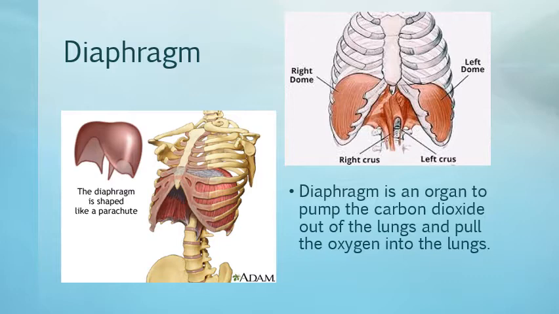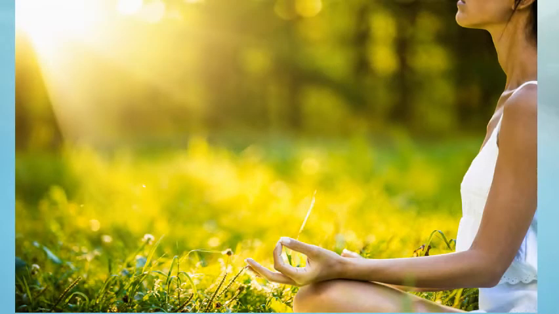Well, that's all the short explanation about the organs of the respiratory system and their function. Now, let's discuss the process of respiration. Have you ever counted how many times you breathe in a minute?